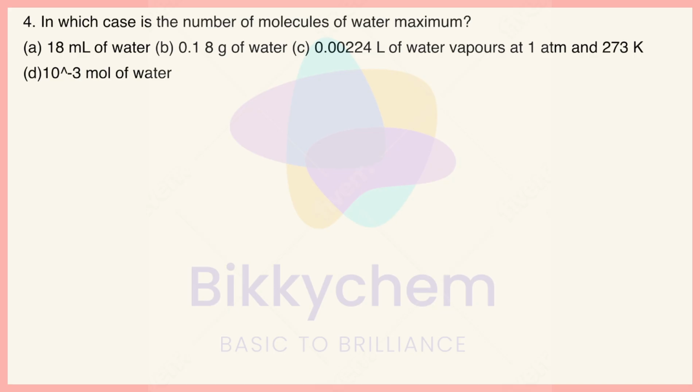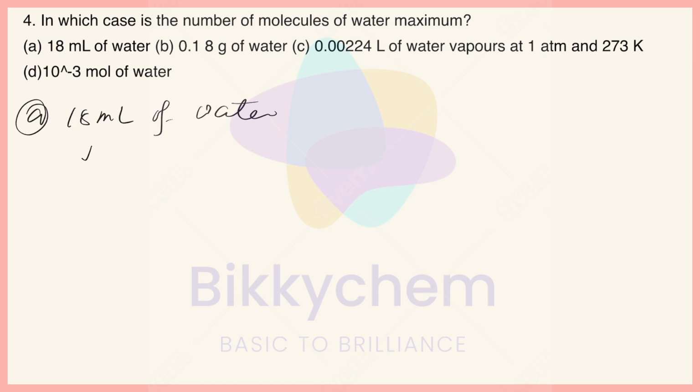Okay, let's take this one question. Here what we have to do: out of four options, which one will have the maximum number of molecules? Okay, so let's see one by one. 18 ml of water. In this case, let's say the density of water is 1 gram per milliliter.